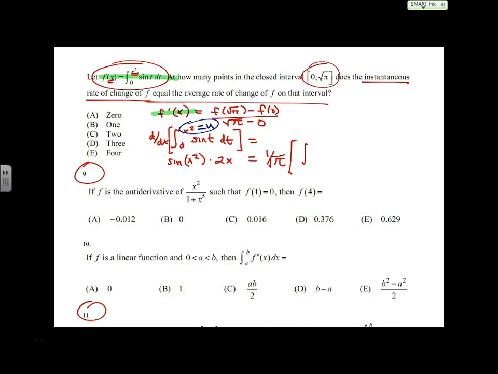So I'm going to have the integral from 0 to, I got to plug in root pi. Root pi squared is the same thing as pi. I'm plugging them into x squared. So 0 to pi of sine of t dt, and then minus f of 0, which would be 0 to 0 squared, which is 0, of sine of t dt.